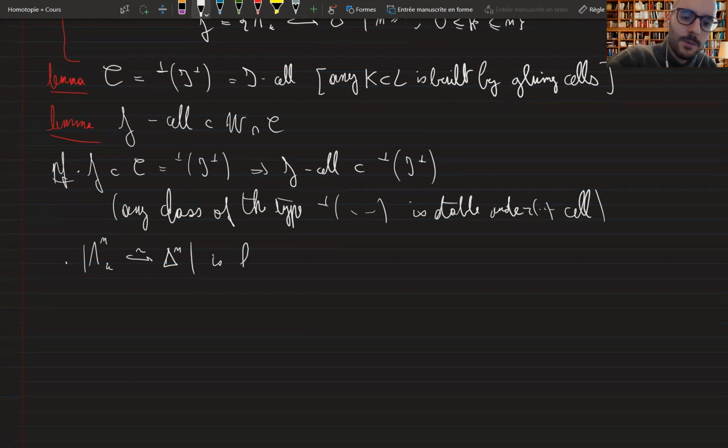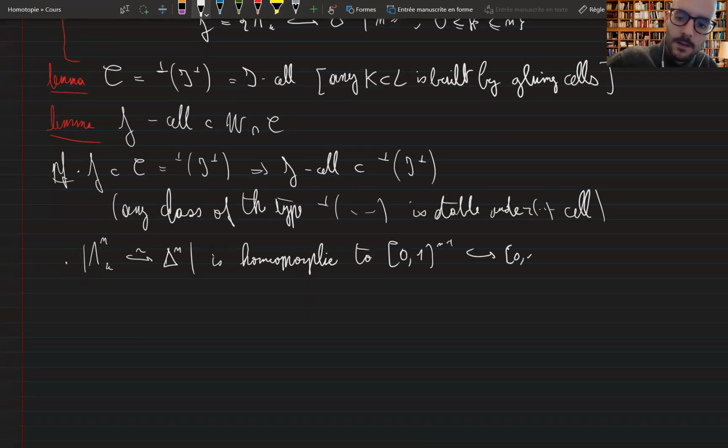This is homeomorphic to this. The inclusion of a horn inside the full simplex is homeomorphic to the inclusion of a face of a cube inside the cube. Right? It's not that hard to see.